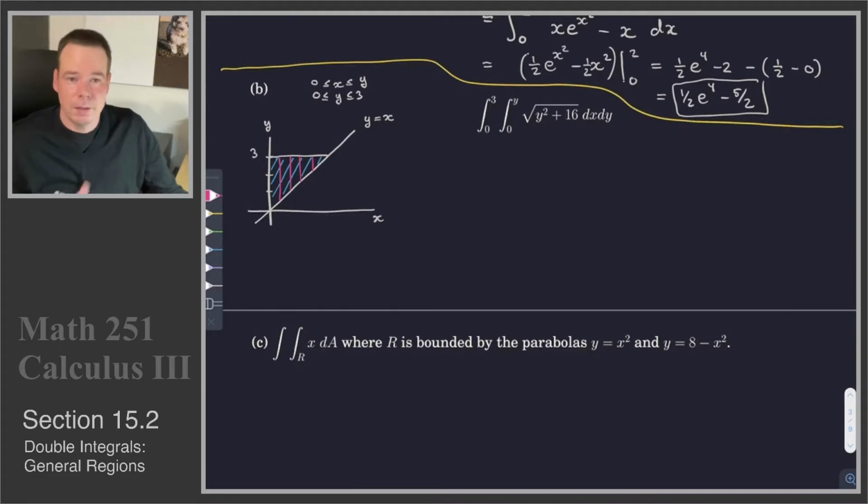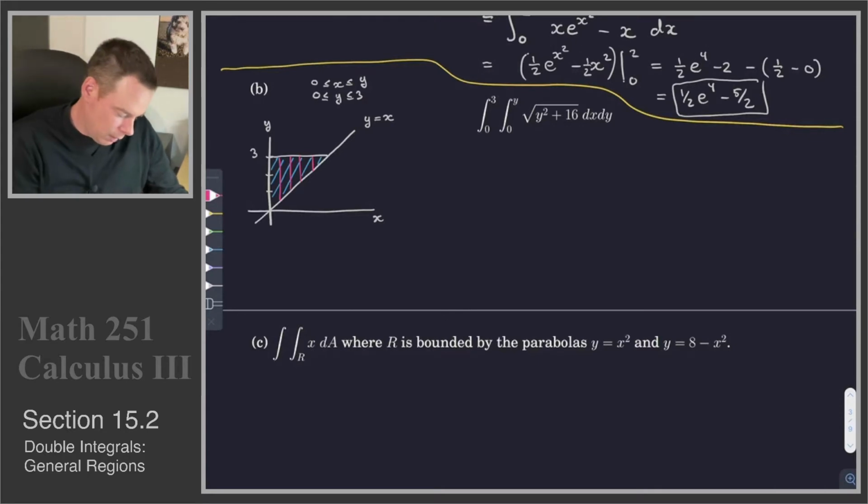As I sweep, can I describe the position of the segment at the bottom of the region and the one at the top as functions of x? The answer is yes, because it goes from y equals x up to y equals 3. So I can recognize it as a vertically simple region.